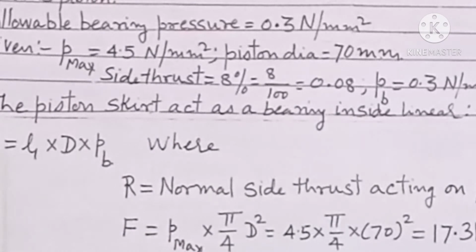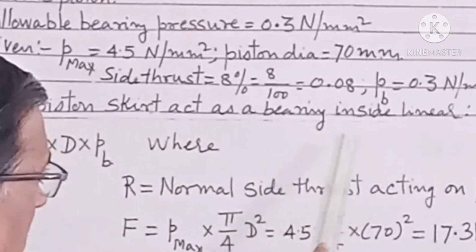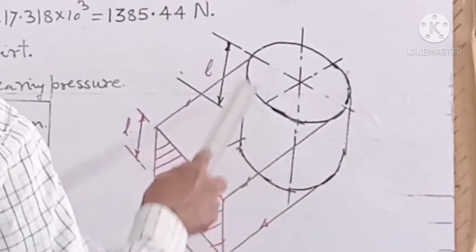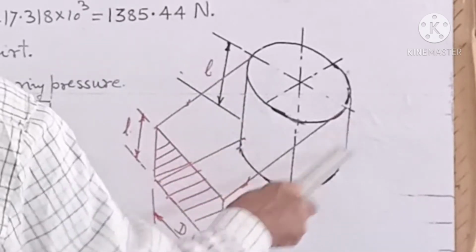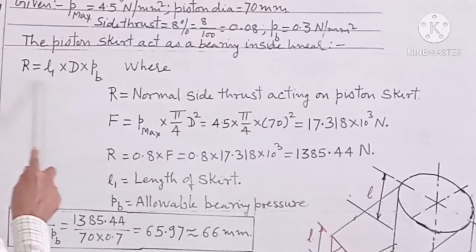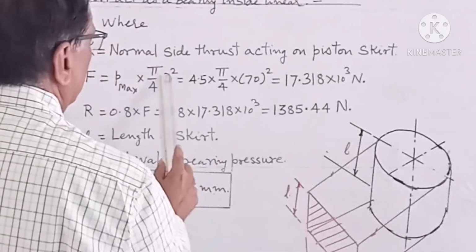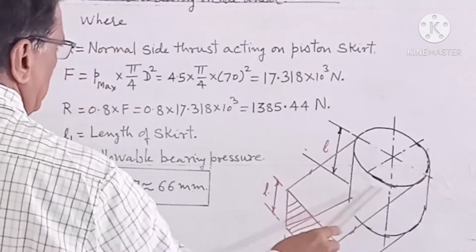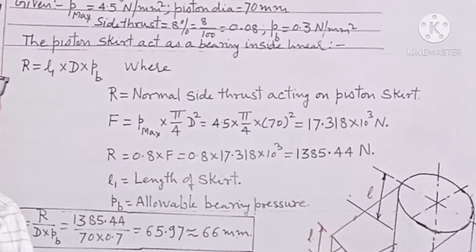Now the piston skirt acts as a bearing inside the liner, means this is the skirt portion that acts as a bearing surface. From this formula, R is the normal side thrust acting on the piston. This is the R, correct.